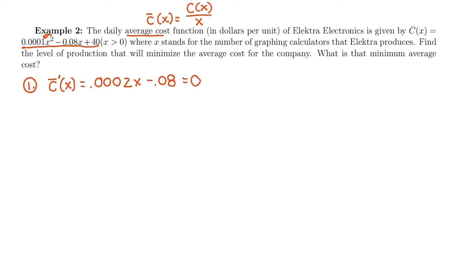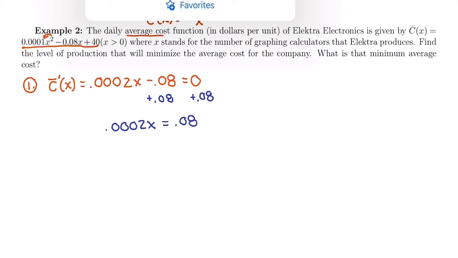The nice part about these word problems is it's a nice linear function. So we're just going to be able to add 0.08 to both sides. So we're going to get 0.0002x equals 0.08. And now we need to divide both sides by 0.0002 to try to get x by itself.